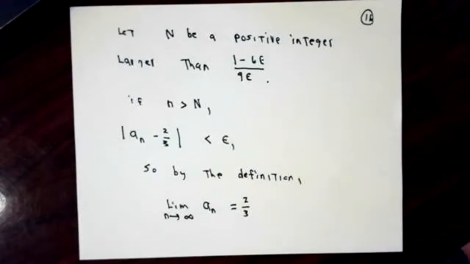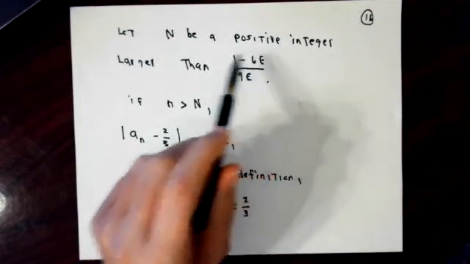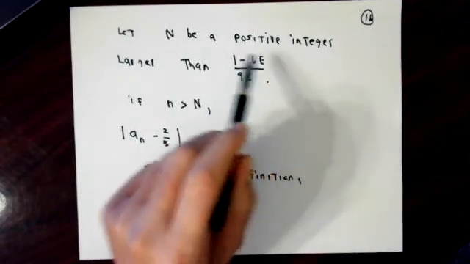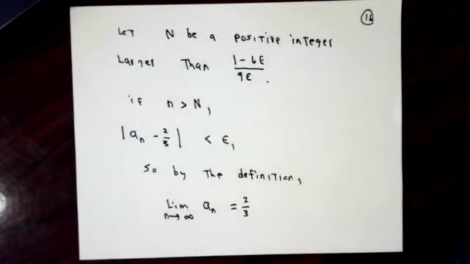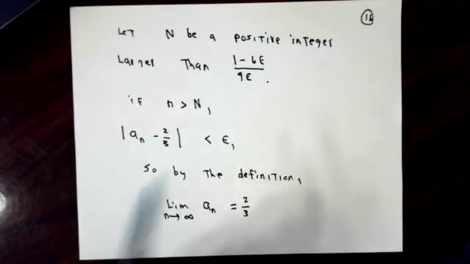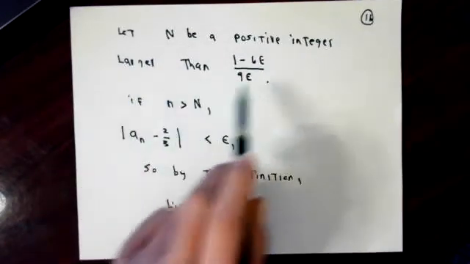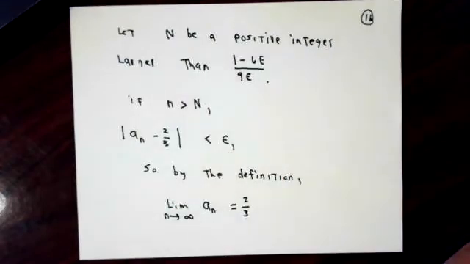We're basically done. What we've convinced ourselves is if the index is bigger than this number, which by the way need not be a whole number, but if the index on a sub n is bigger than this, then the inequality absolute value of a n minus 2/3 is less than epsilon will be true. So I'm going to let capital N be any positive integer that's bigger than this. It could be a little bit bigger than that number or a lot bigger, I don't care.